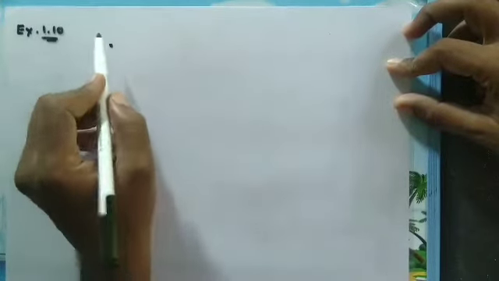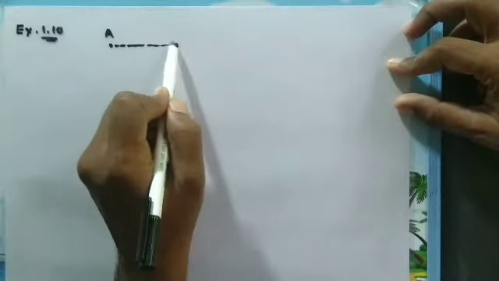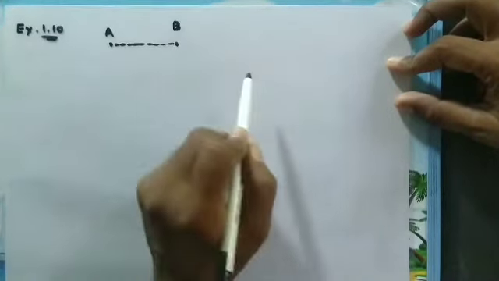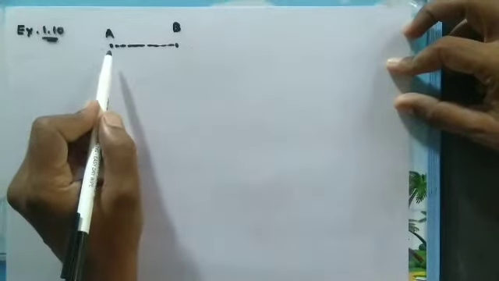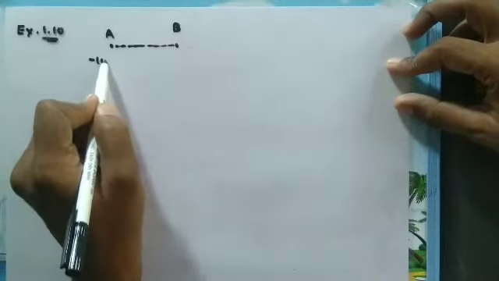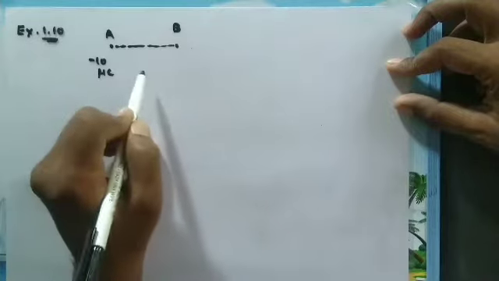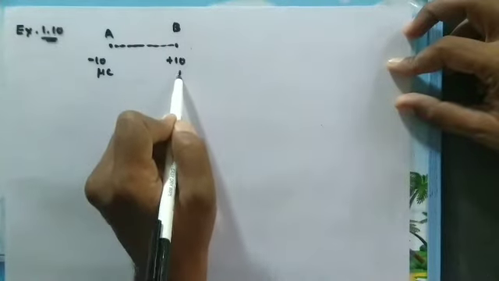In today's lecture we will solve example number 1.10. In this example, it is given that there are two charged particles, at point A and at point B. The charge at point A is minus 10 microcoulomb and the charge at point B is plus 10 microcoulomb.